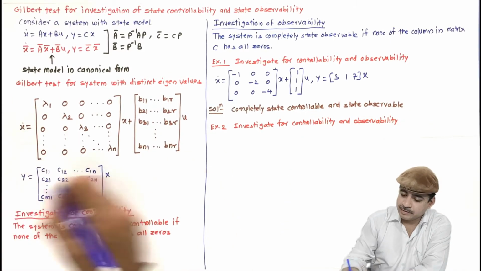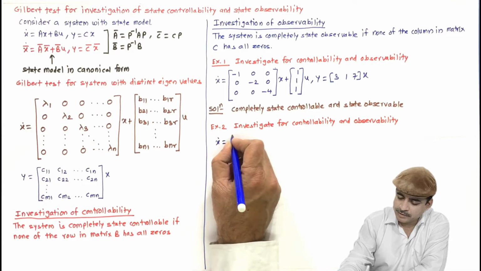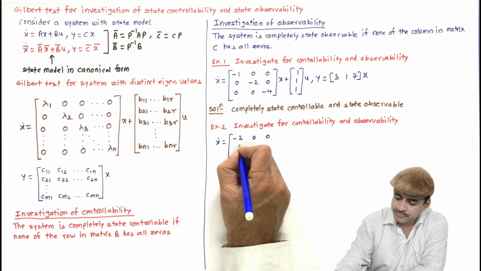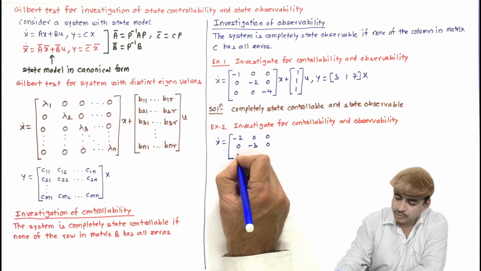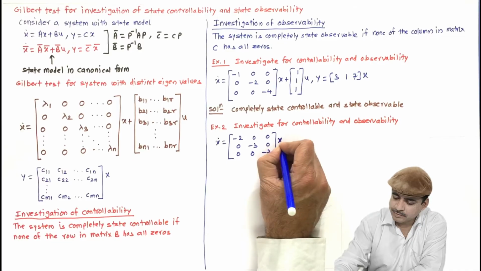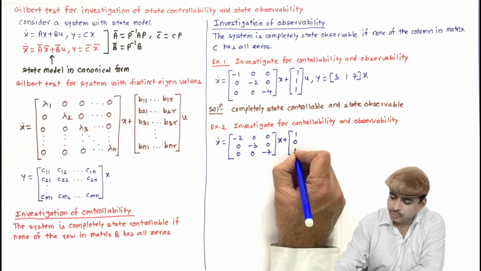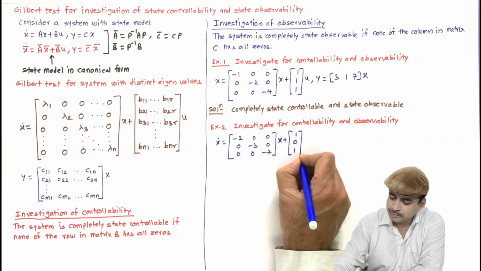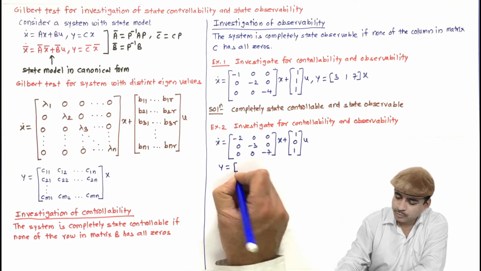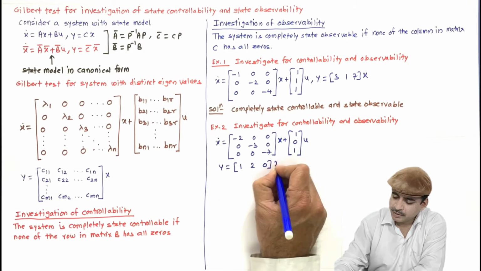And now let us take the system as x dot is equal to say minus 2 0 0, 0 minus 3 0, 0 0 minus 7 x plus 1 0 1 u, and y is equal to 1 2 0 x.